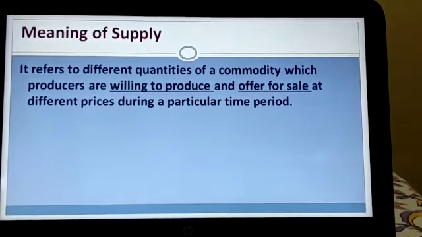And offer for sale means he is ready to bring that particular product into the market or the shop to sell. At different prices during a particular time period.